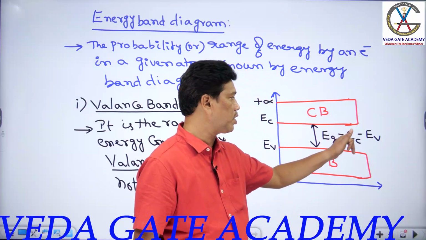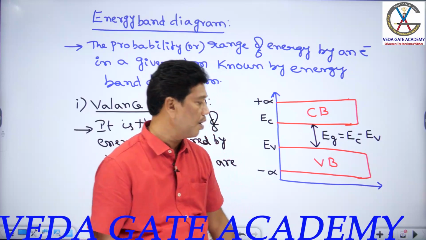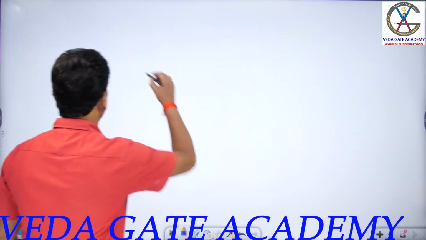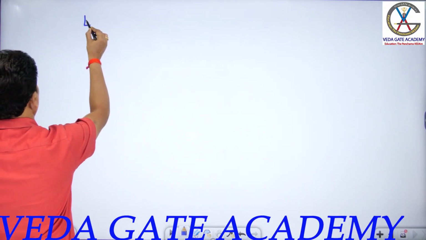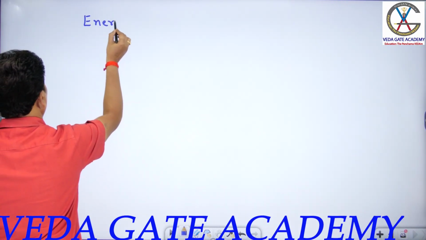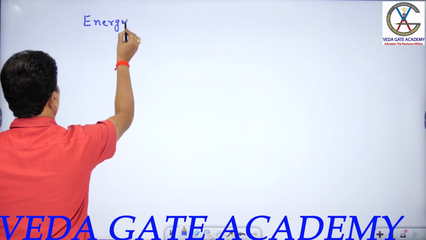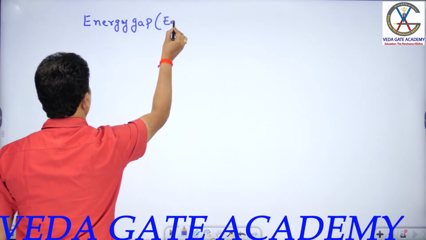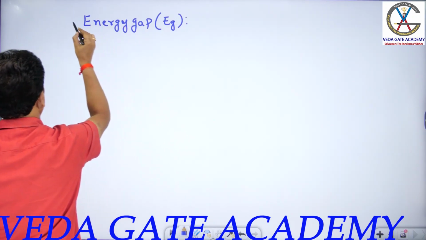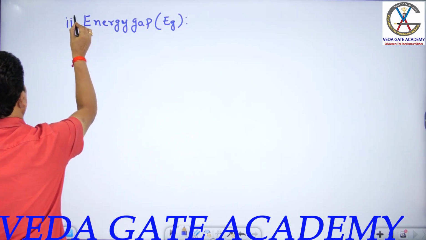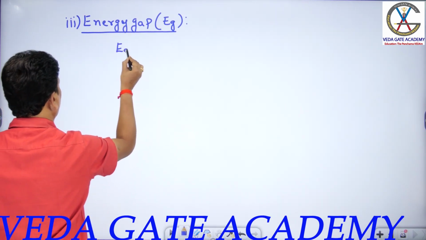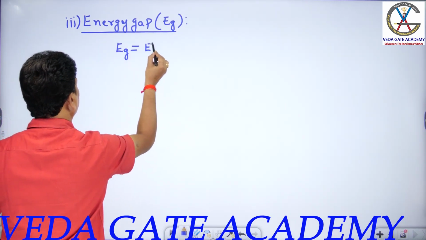This energy gap is expressed by EC minus EV. So what is that energy gap? The energy gap is denoted by EG. It is the energy difference between the valence and conduction bands. EG equals what? EC minus EV.